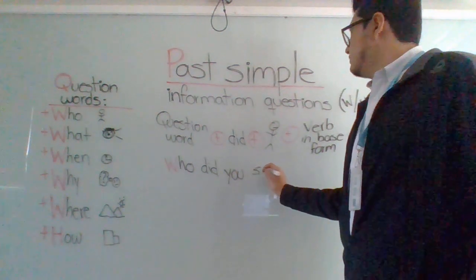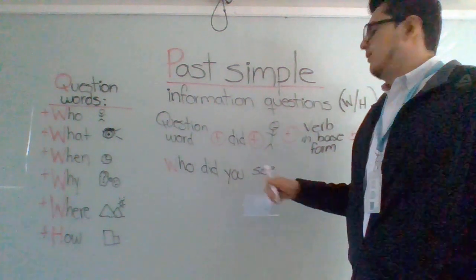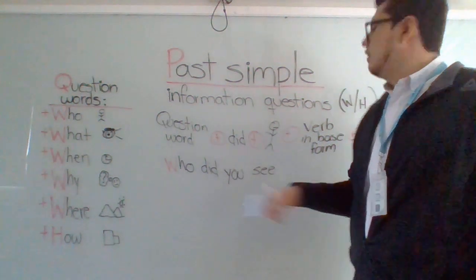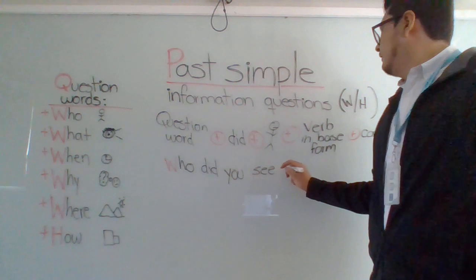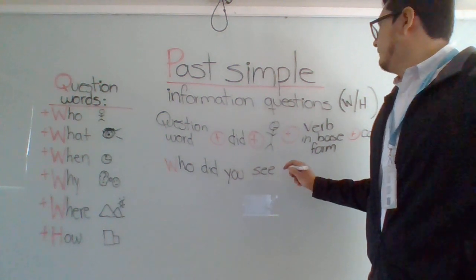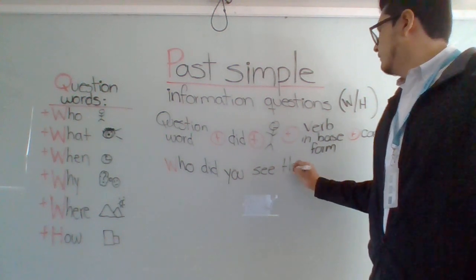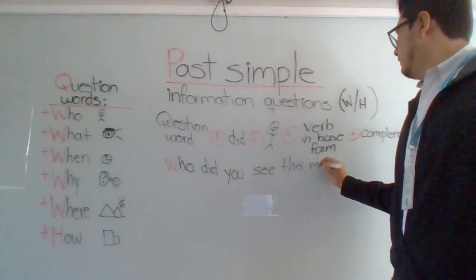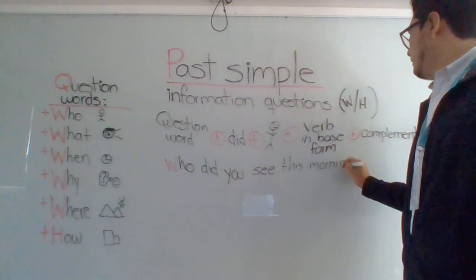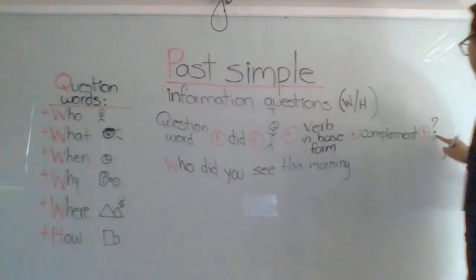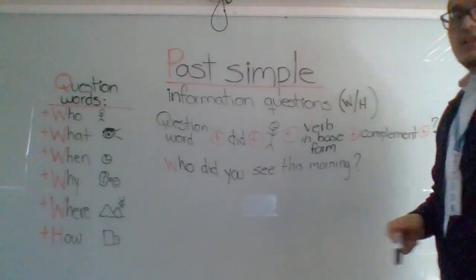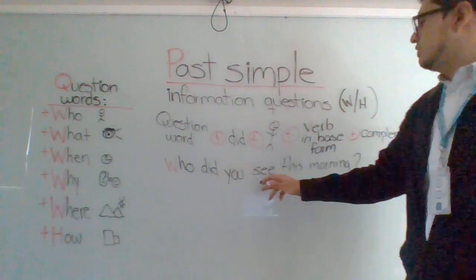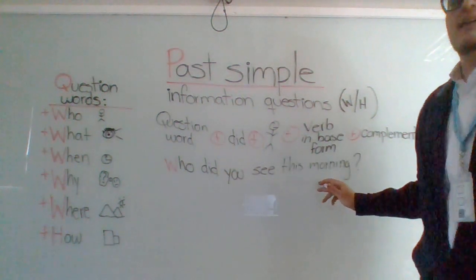I'm going to use see. Irregular, right? See in past. So, who did you see? A complement. And who did you see this morning? And finally, the question mark. So I have this question. Who did you see this morning?